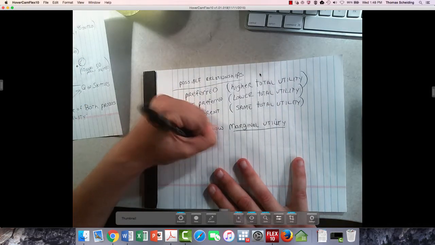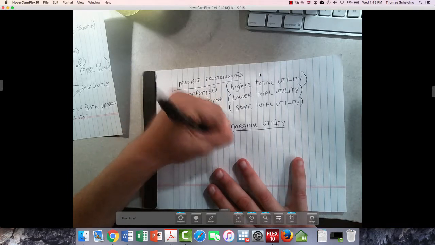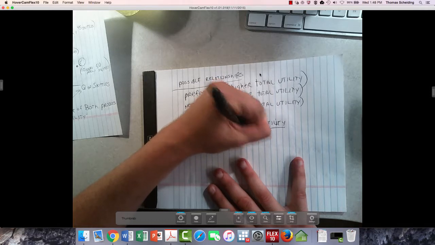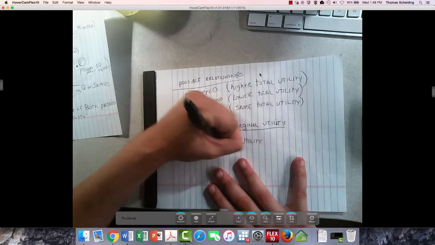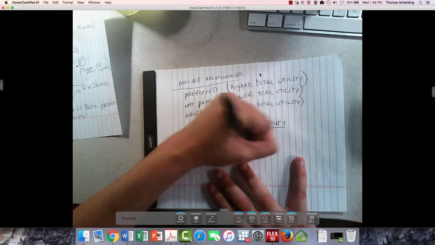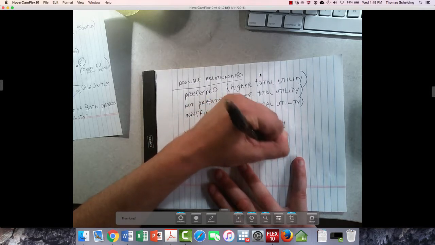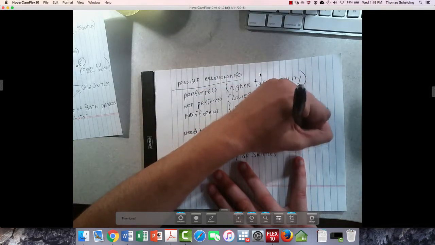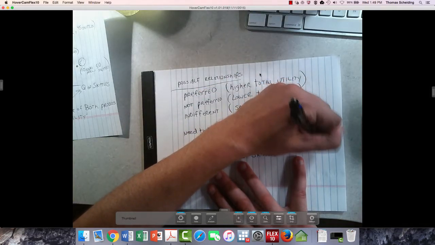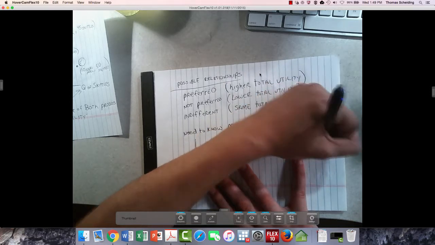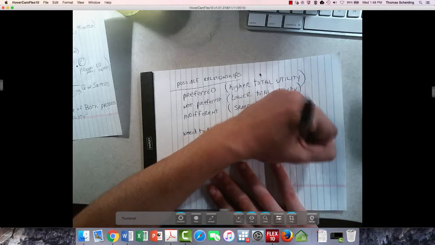The marginal utility would be my change in total utility over my change in, for instance, the quantity of Skittles. And what that would equal is the marginal utility of Skittles.